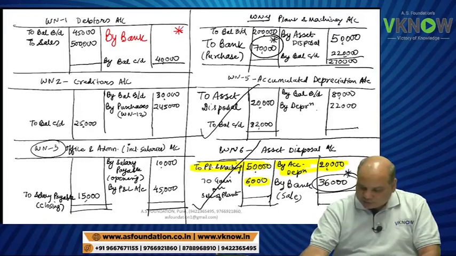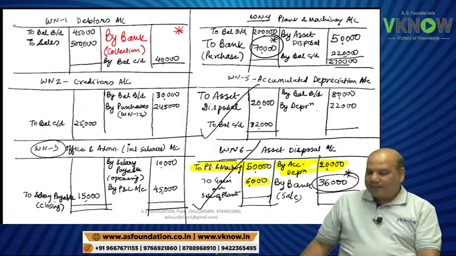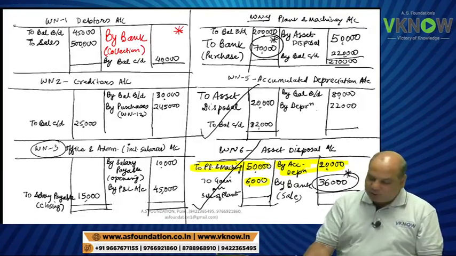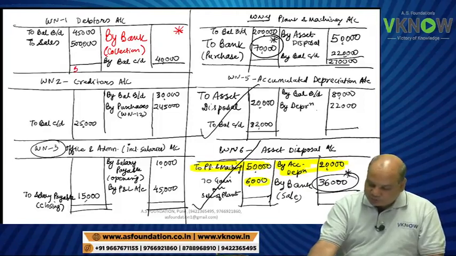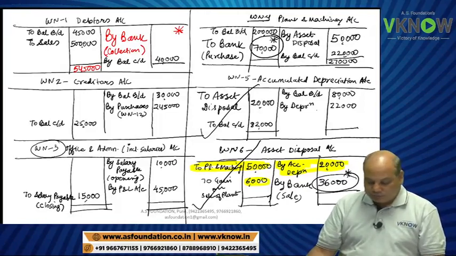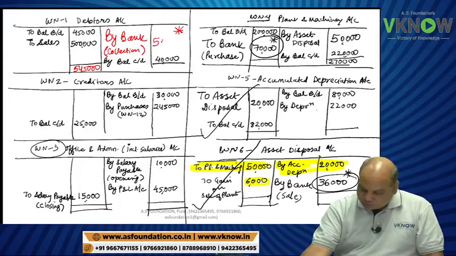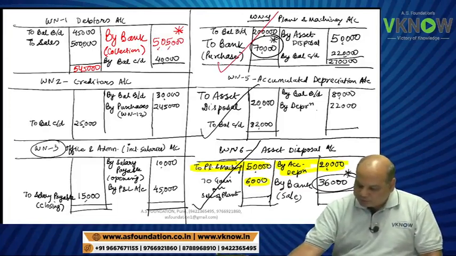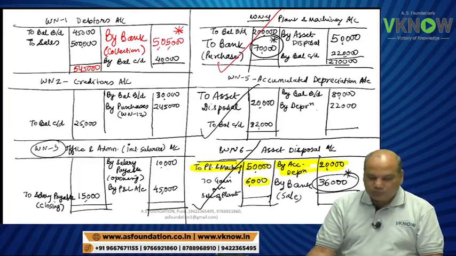Tell me the answer and keep the answer ready for creditor also, expense also. Come on, students. Take debit side total first. 5,45,000. Now minus 40,000. So that will give you 5 lakh 5,000. Is it 5 lakh 5,000?